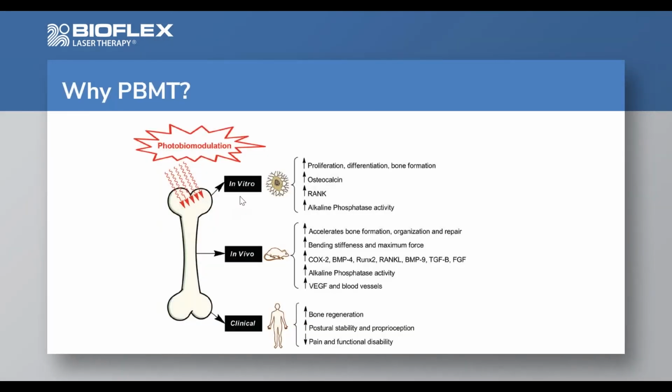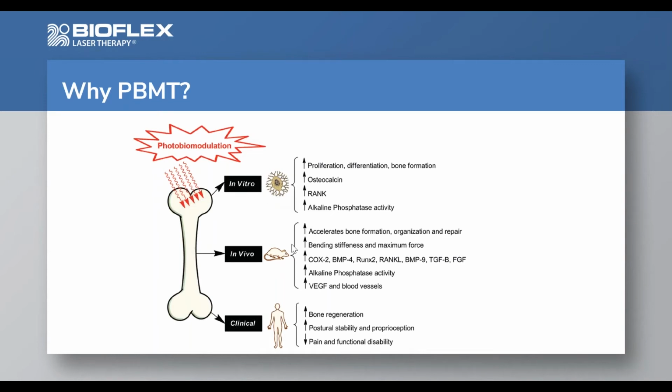So why PBMT for fractures? Well, there's actually been a huge amount of research in this field, believe it or not, in vitro, in vivo, and clinical trials as well. It's been established that in vitro it can help with proliferation and differentiation and bone formation. It can help with something called the RANK enzyme system, which basically triggers the tumor necrosis factor and helps with metabolism of bone.